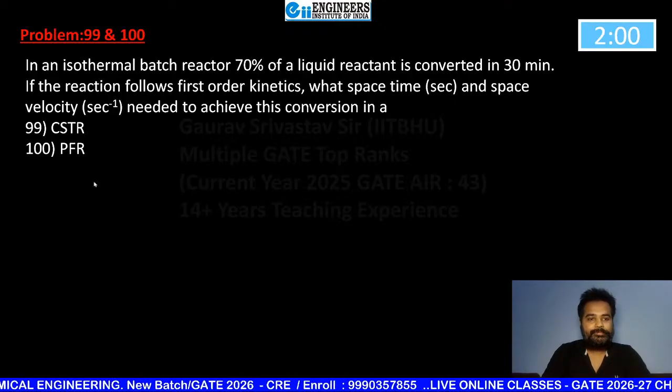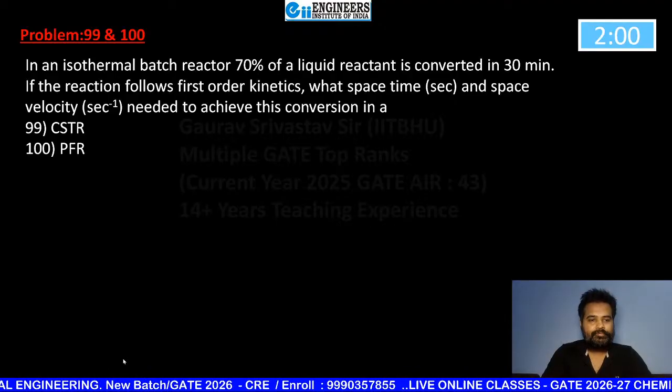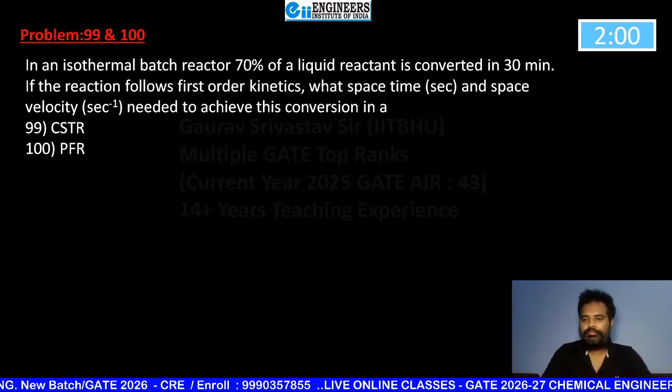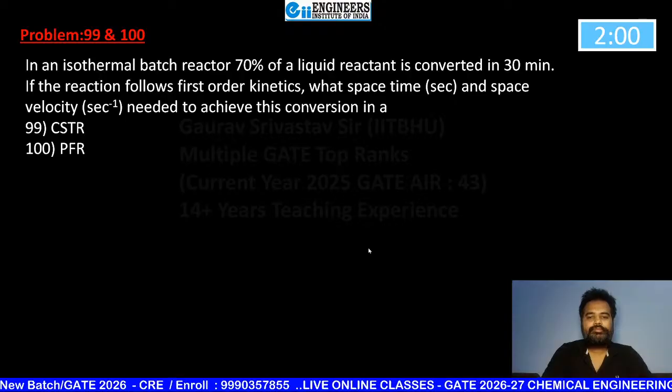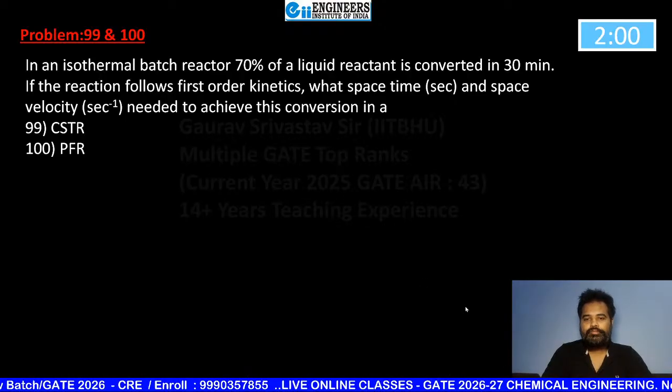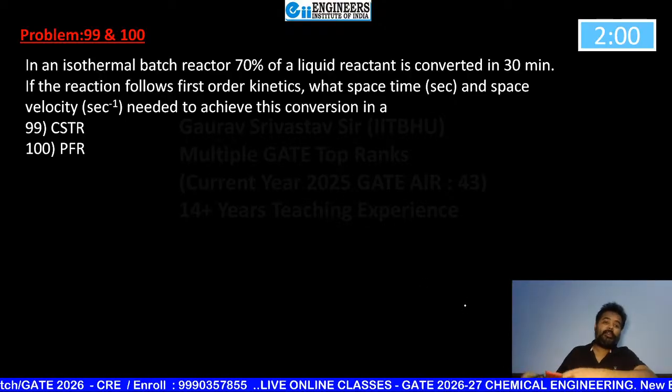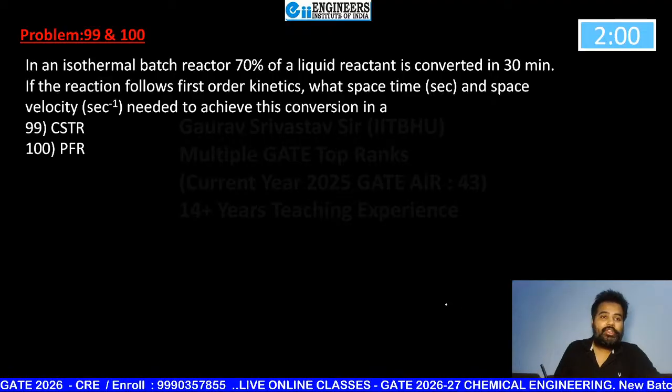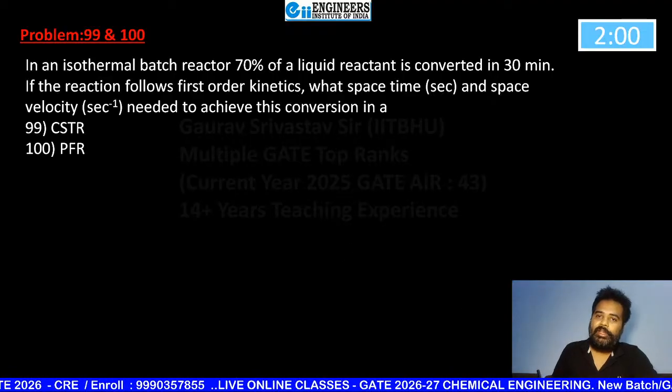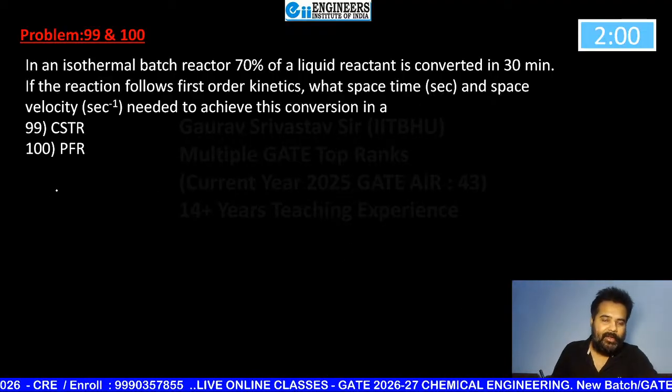Very good, beta. The problem is very easy, beta. So for an isothermal batch reactor, 70% of a liquid reactant is converted in 30 minutes. Very good.